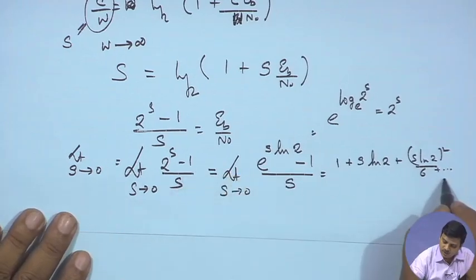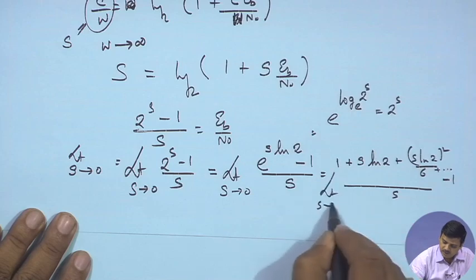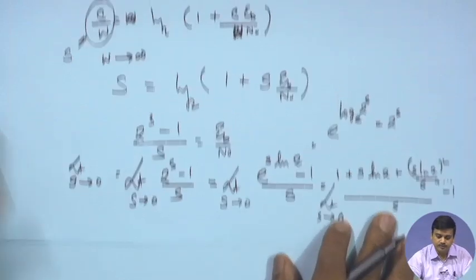There is a minus 1 term, so we have a minus 1 upon S, and of course, limit S tends to 0.